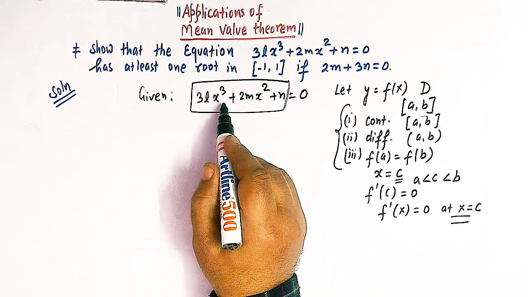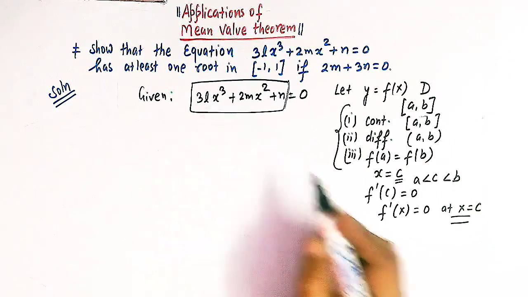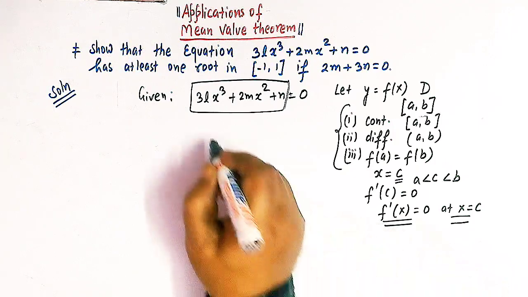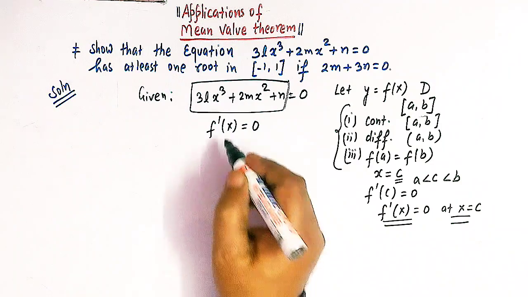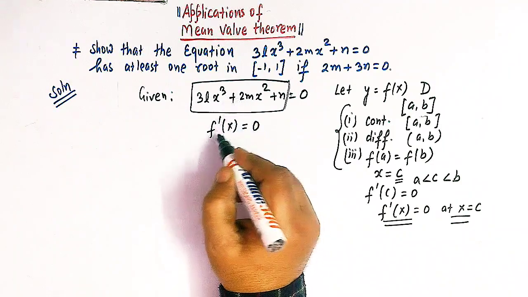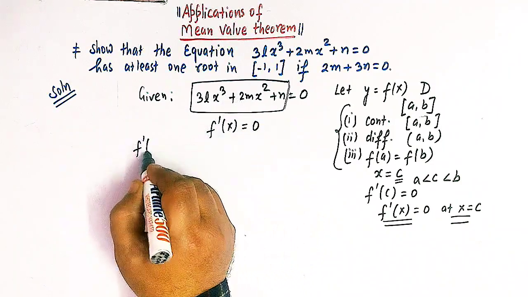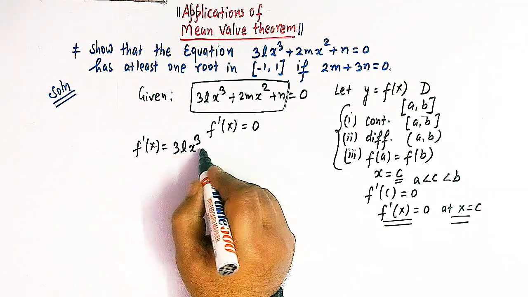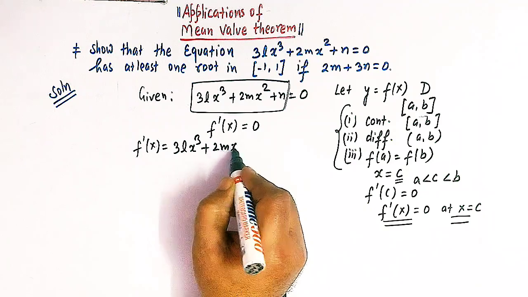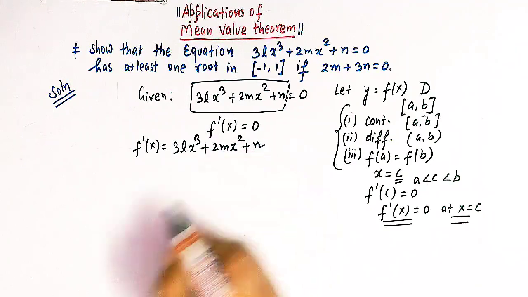Now if we compare this equation with f prime of x is equal to 0, then we can easily see that f prime of x is given by 3l x cube plus 2m x square plus n.